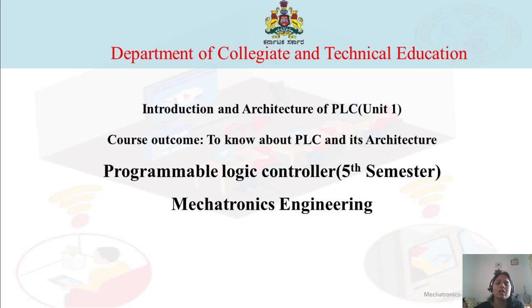Then we have medium PLCs in some industries, and large and very large PLCs used in very big manufacturing plants like power stations, automobile industries, power industries, chemical industries, etc. So like this, we have classified our PLCs into different types.